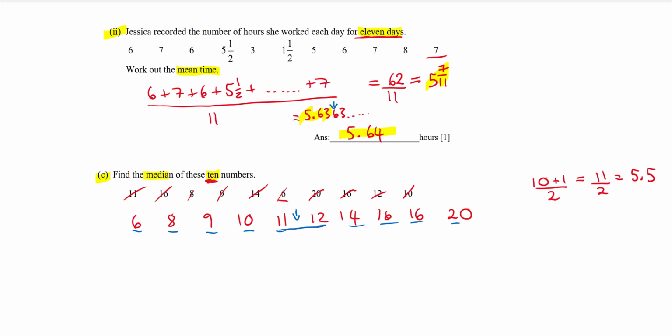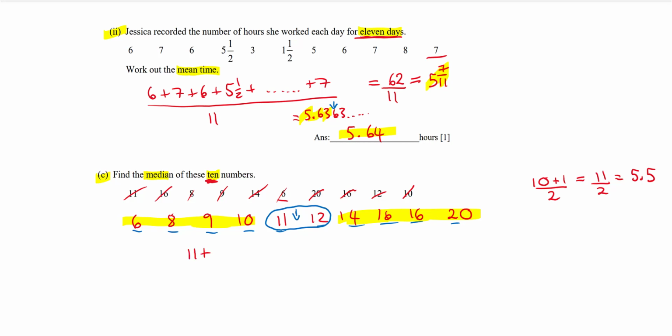So what we do then is we take the average, or we would take the mean of the middle 2 numbers. So you can see we've got 4 numbers now on each side. So 6, 8, 9, 10, we've got 4 numbers there, and we've got 4 numbers here. So we've got these middle 2 numbers, 11 and 12, so we just take the mean of them.